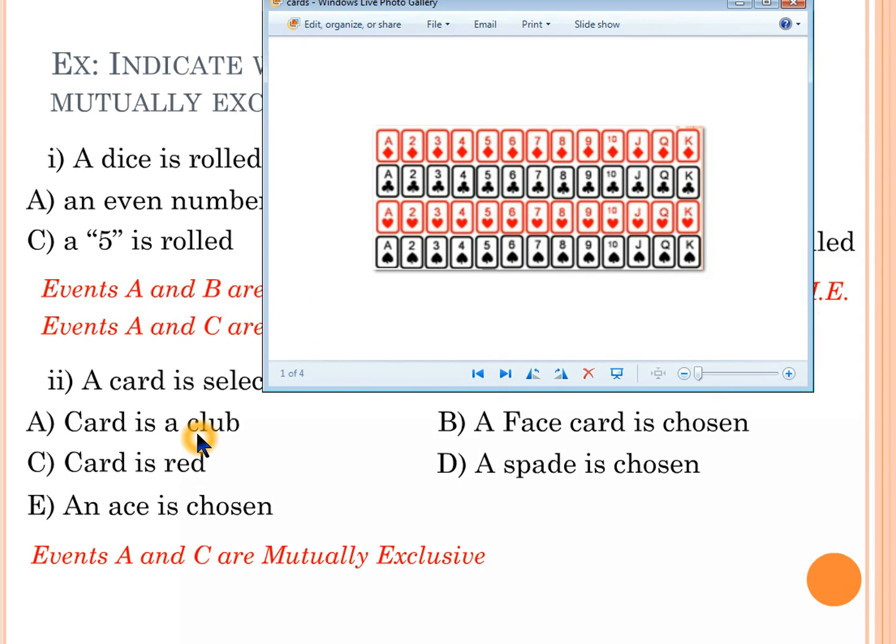If you look at the club situation here, clubs are located down here in this bottom row, and event C is a card is red, and obviously the clubs are not red, they're black. The red cards are the hearts and the diamonds here. So it's impossible to have a club and a red card at the same time when you take out one card from this deck. So definitely A and C are mutually exclusive. They cannot happen at the same time.